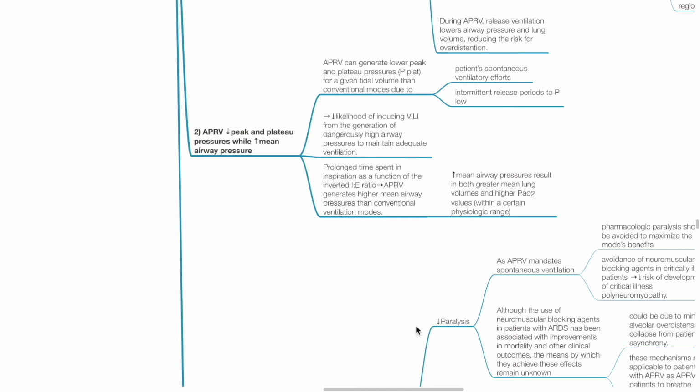This reduces the likelihood of inducing ventilator-induced lung injury from generation of dangerously high airway pressures to maintain adequate ventilation. Prolonged time spent in inspiration as a function of the inverted I:E ratio causes APRV to generate higher mean airway pressures than conventional ventilation modes.